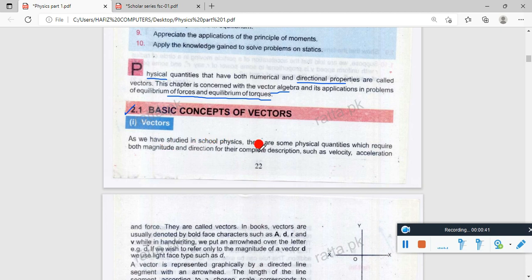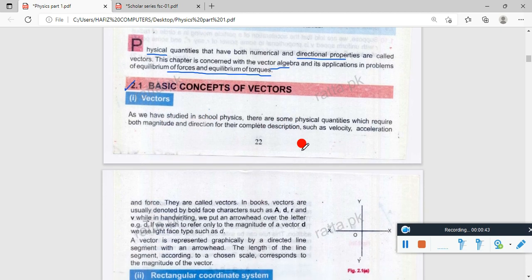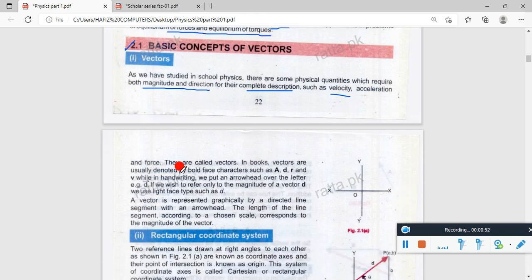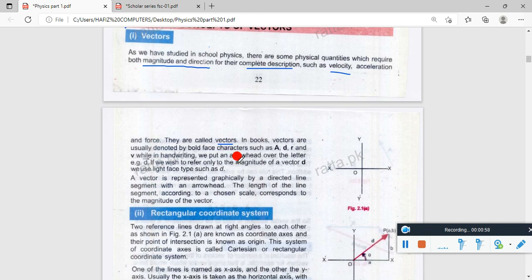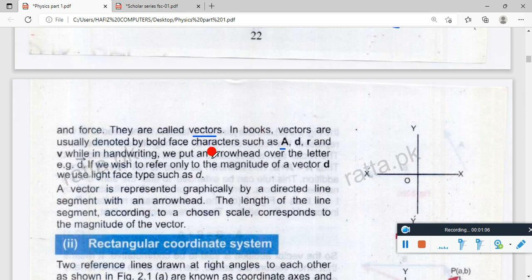As we have studied in school physics, there are some physical quantities which require both magnitude and direction for their complete description, such as velocity, acceleration, and force. These are called vectors. In books, vectors are usually denoted by bold-face characters such as capital A, D, R, and V. While writing by hand, we put an overhead arrow over the letter, like D with an arrow.